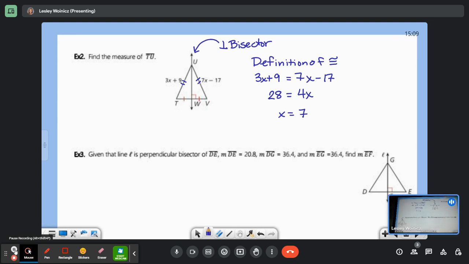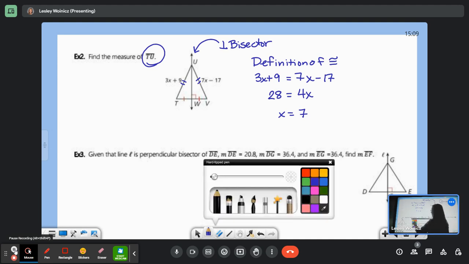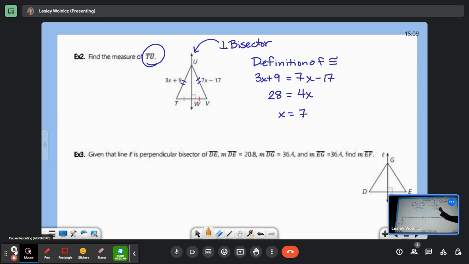So did they ask us to only find x and stop? What did they ask us to find? We have to find the measure of TU. So we are going to plug that back in. TU is 3x plus 9. We know that x is what? 7.